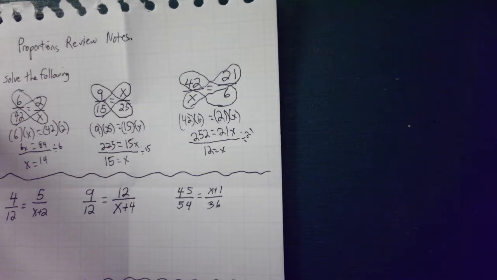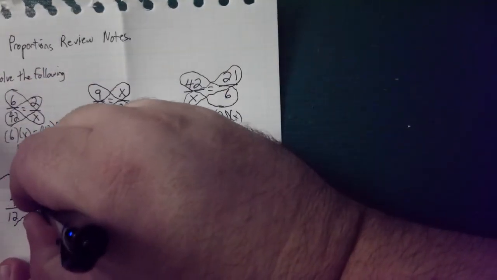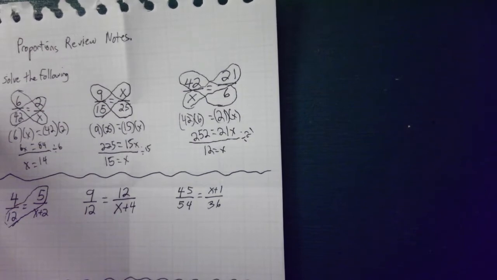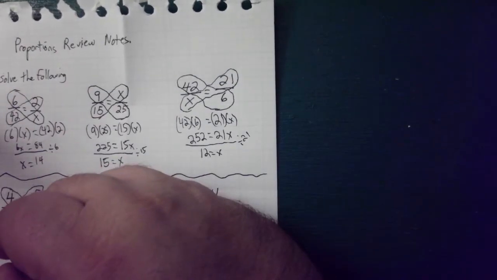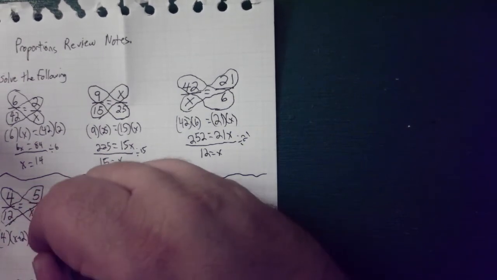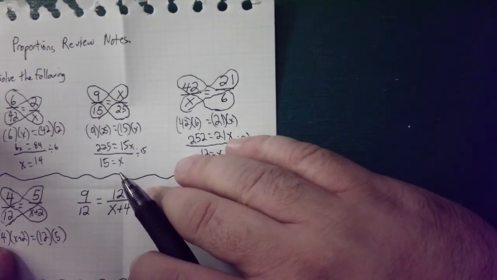All right. So next, we have some that require a couple of steps, but I'm still going to solve them the same way. I've got this and this. So it's going to be 4 times x plus 2. That's going to equal 12 times 5. On this one, I need to distribute 4 times x and 4 times 2.